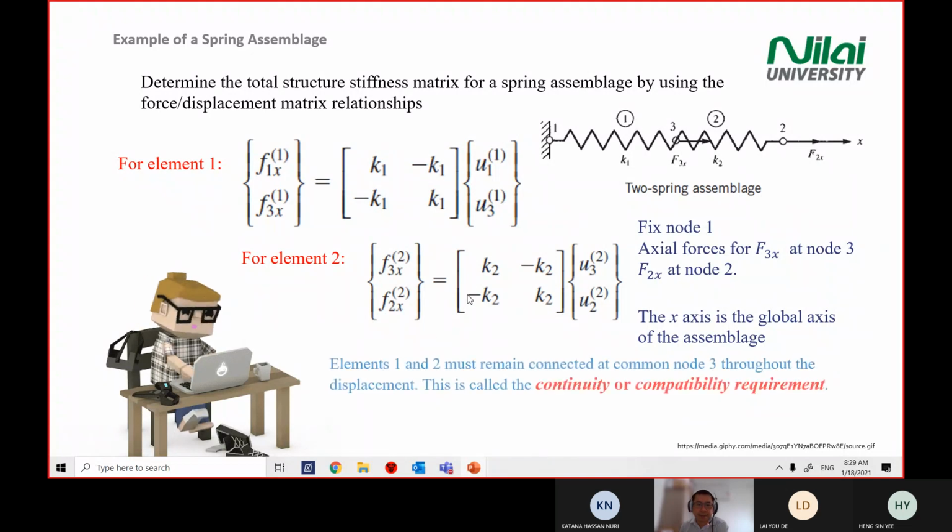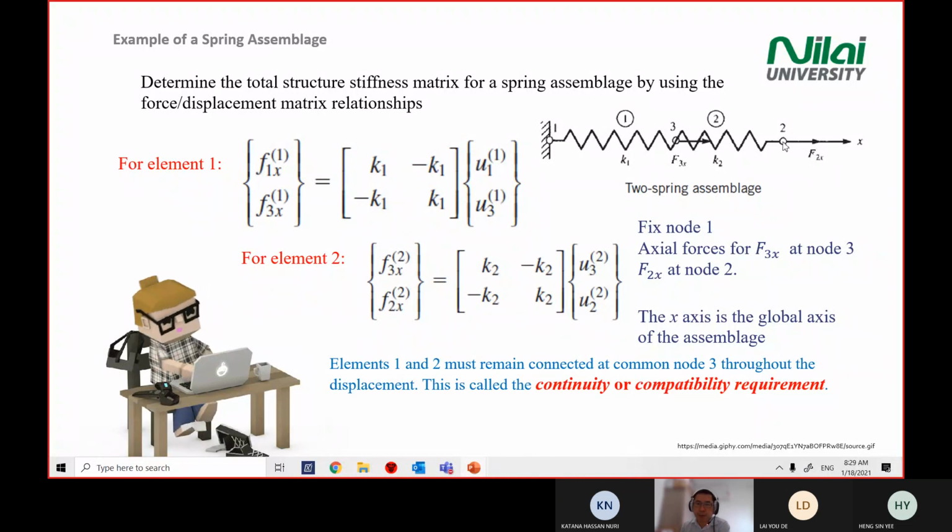Okay, right. Now, one concept that we should always remember when we have an assembly of two spring structures is the law of continuity. What is meant by continuity?